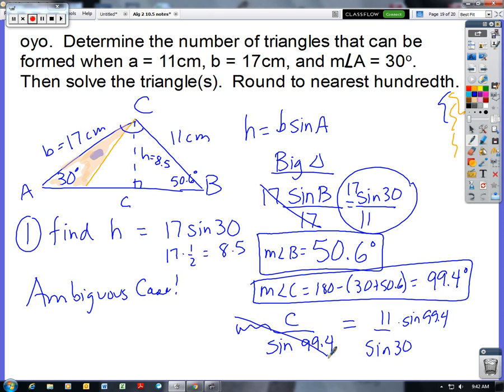Sine 99.4, that'll cancel. 11 times the sine of 99.4. I'm doing this on my own calculator. And then divided by the sine of 30, which is 0.5. So I'm getting 21.7 for my little c. And that's centimeters, so put units on there. Okay, those are the missing parts of the big triangle.